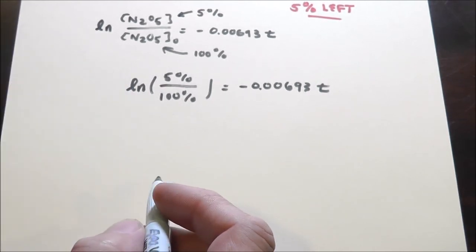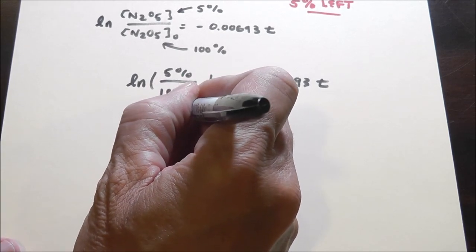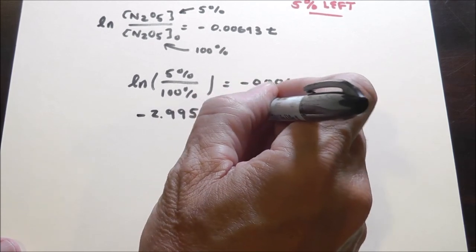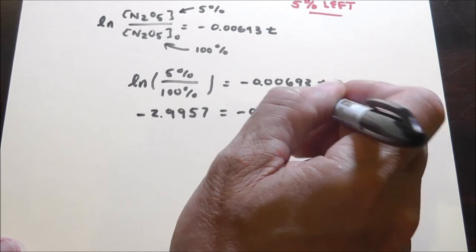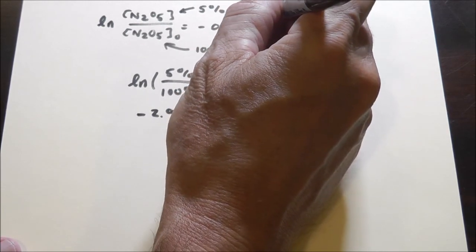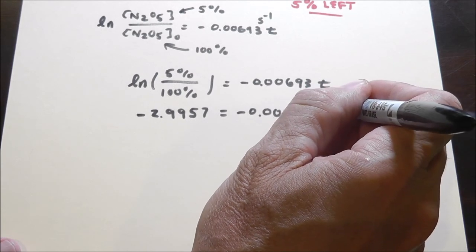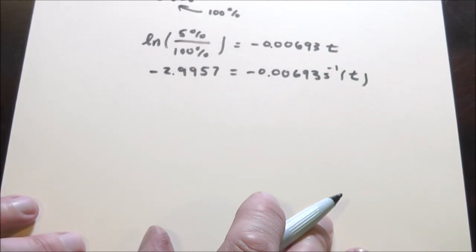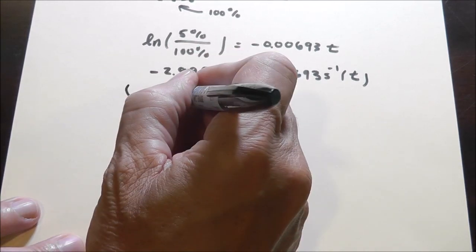Natural log of that is minus 2.9957 equals minus 0.00693 inverse seconds, times t. So let's divide both sides by negative 0.00693.